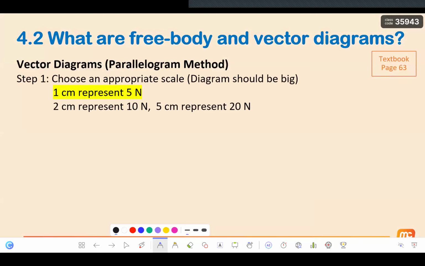So the first one, your scale should be 1 cm represents a certain amount. This will be correct. But we cannot put our scale as 2 cm represents 10 newton or 5 cm represents 20 newton. It must always be 1 cm representing something, not 2, not 3, not 4, not 5, or not 10 cm represents something. Always 1 cm represents something.